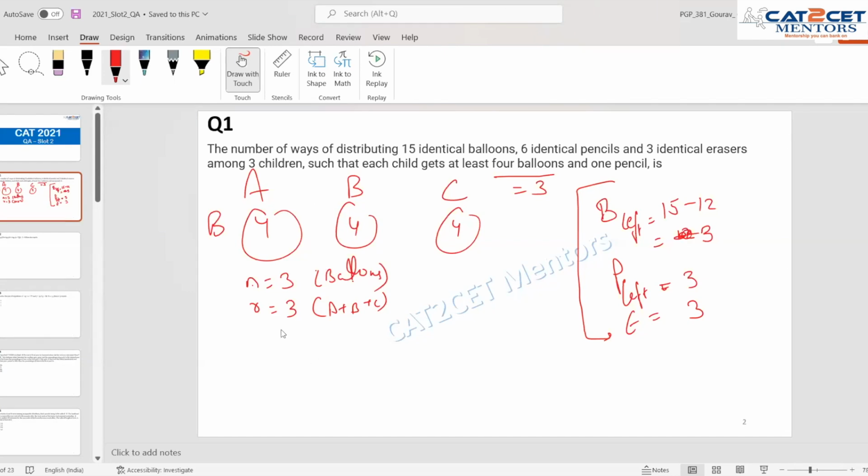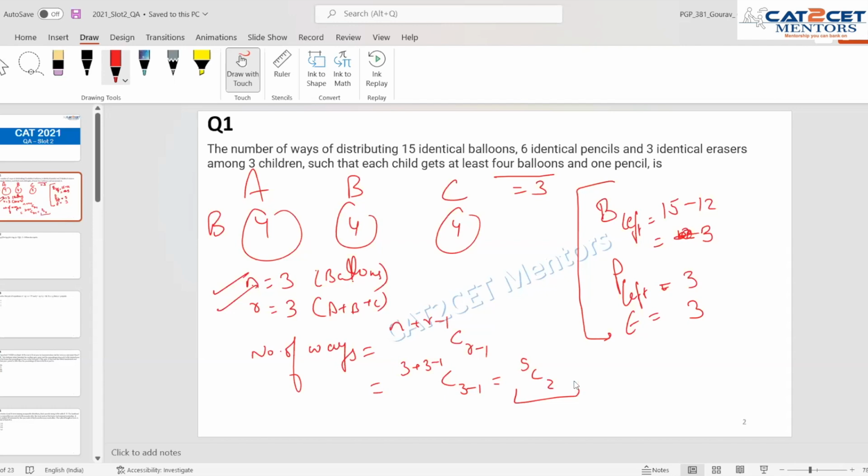For this type of question, where there are n identical items to be distributed among r people, the number of ways equals n plus r minus 1 C r minus 1. So let's put the values in the equation. It will be 3 plus 3 minus 1 C 3 minus 1, so it will be 5C2.